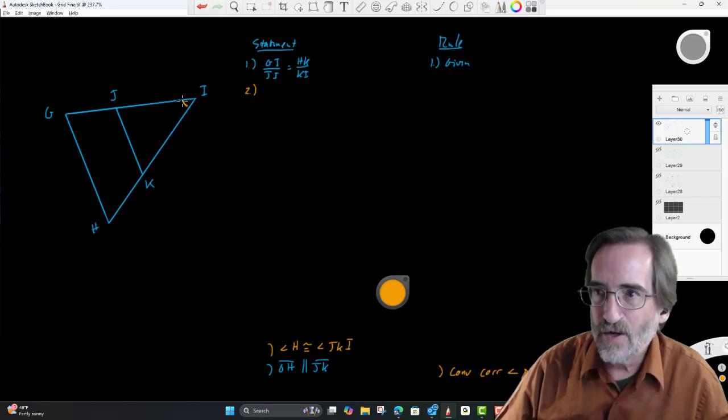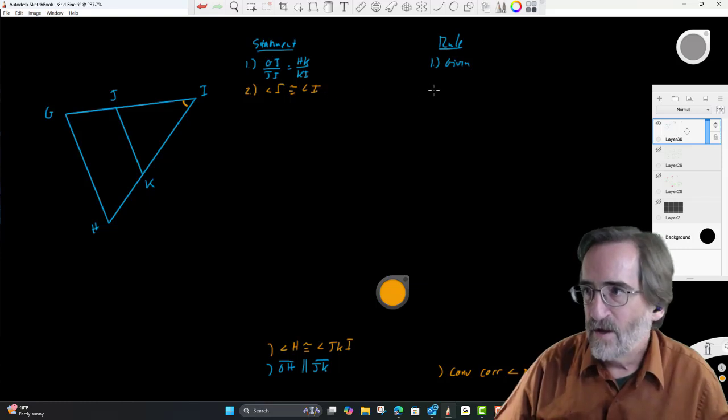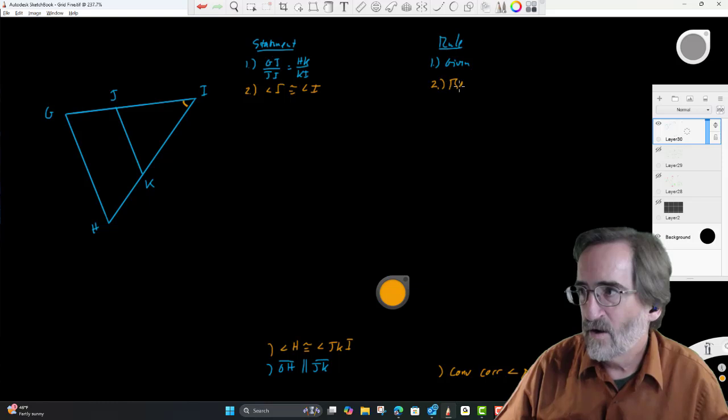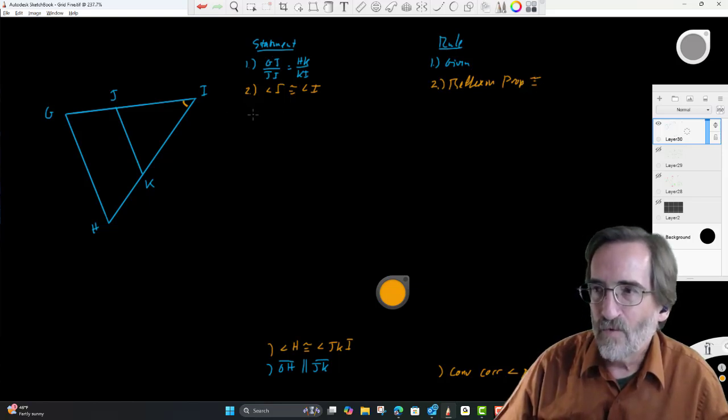I know that angle I is shared between the two triangles. Angle I is congruent to angle I, by the reflexive property of congruence.